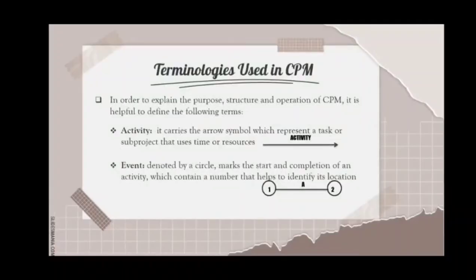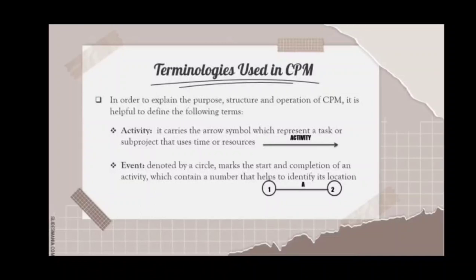At this juncture, we will be familiarizing ourselves with the terminologies used in critical path method. It is in order for us to effectively explain its purpose, structure, and operation. As you can see, we also included here symbols of the concerned terms that are observable in the so-called project graph of this model for our own convenience.